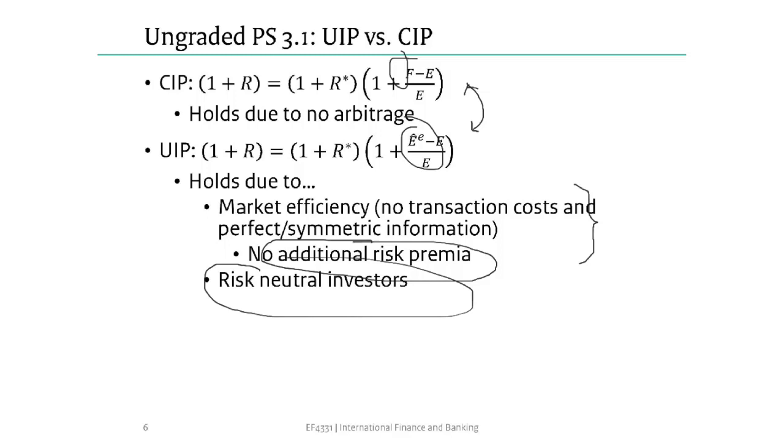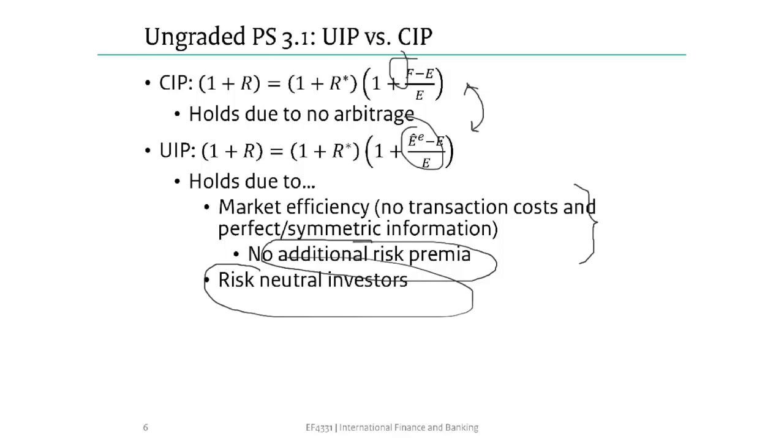Okay, UIP, on the other hand, is different, and the difference comes from this parameter here, right? We have to make some assumptions under which we can swap out the forward rate for the expected future spot rate, E hat E. And we rely on two assumptions, right? We need perfectly efficient markets, meaning that there are very few transaction costs, as well as perfect or symmetric information.